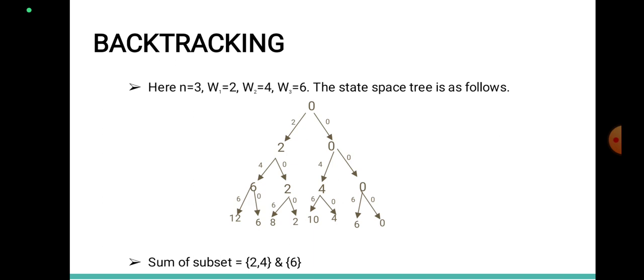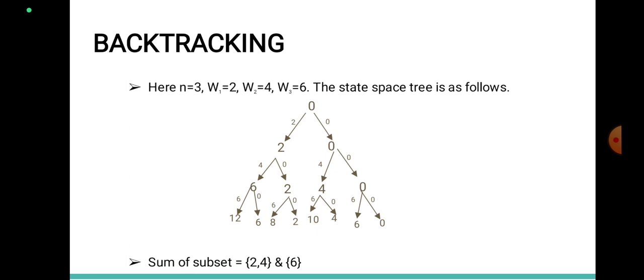So we can draw the state space tree. Initially we start with 0, and the first value given is w1, that is 2. So we have two branches, 2 and 0: 0 plus 2 equal to 2, and 0 plus 0 equal to 0.